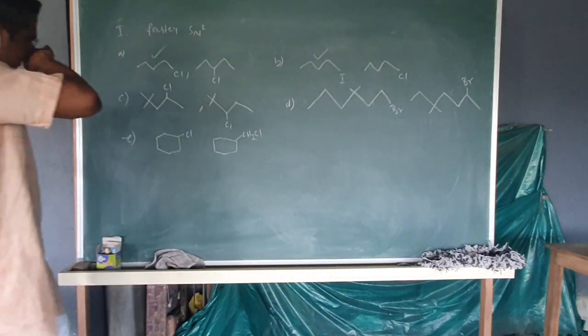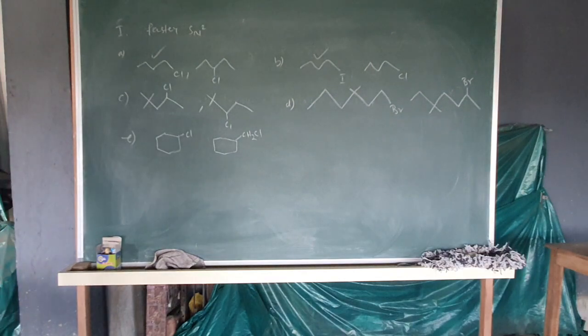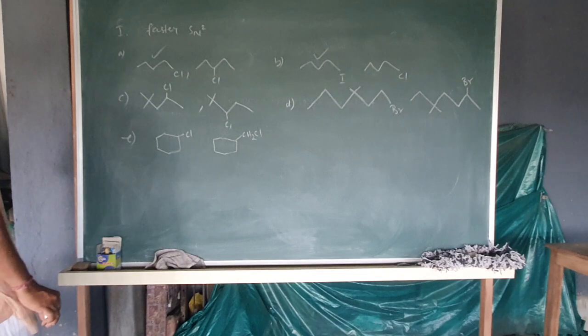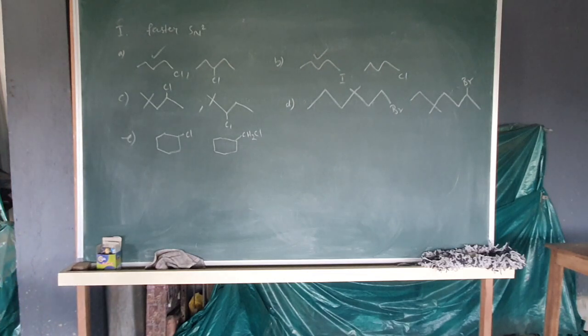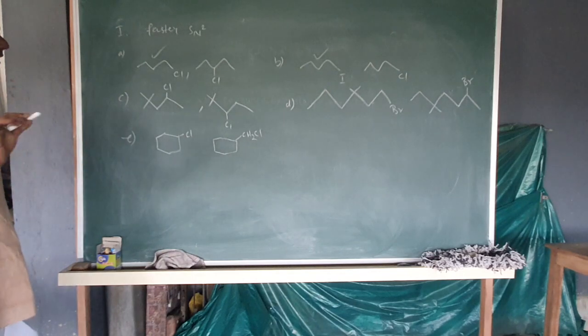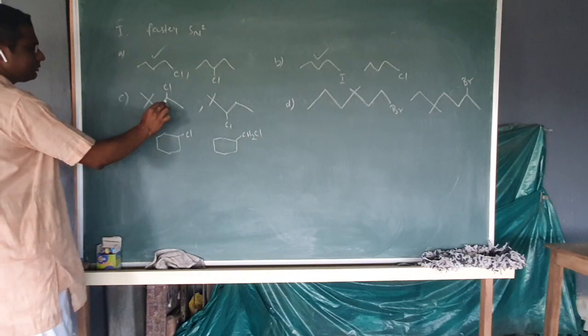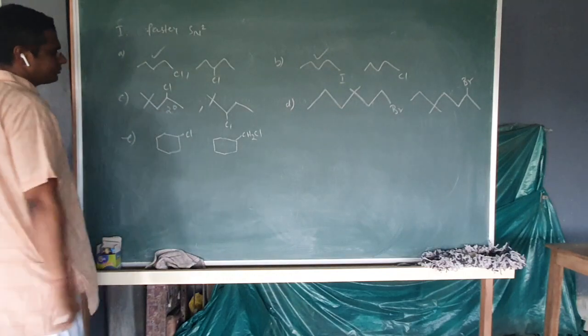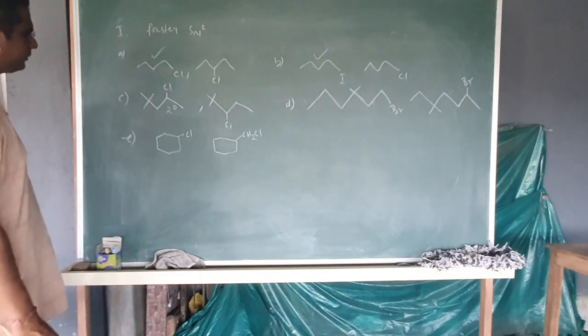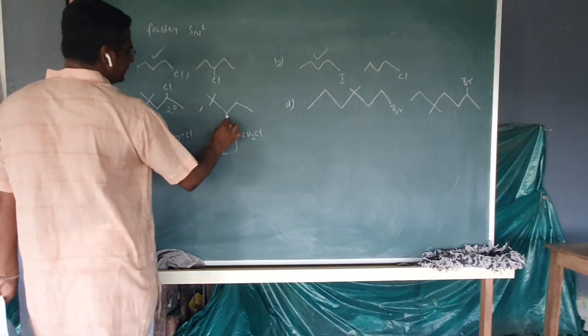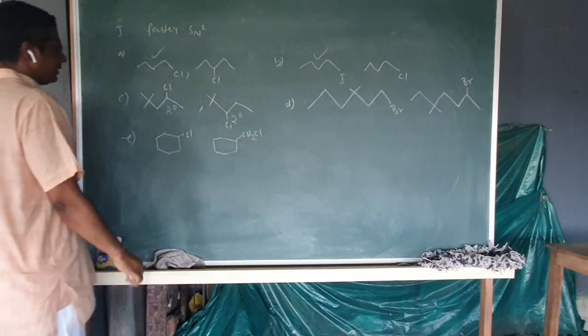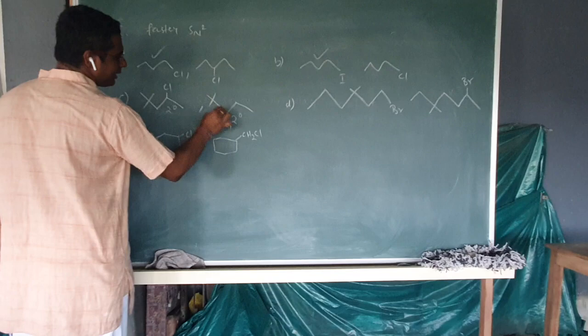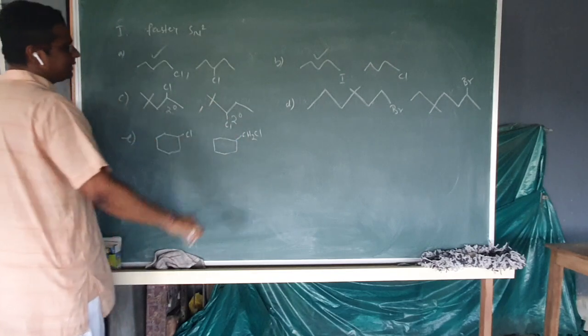So the third one is this one. This is a little bit tricky, but you have to understand which will give you a faster SN2 reaction. If you consider this one, it is 2 degree, and this one is also 2 degree, but there is a bulky group attached to this one.